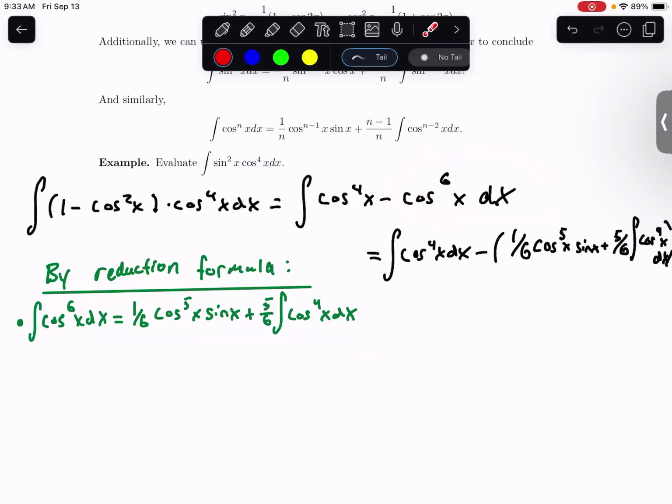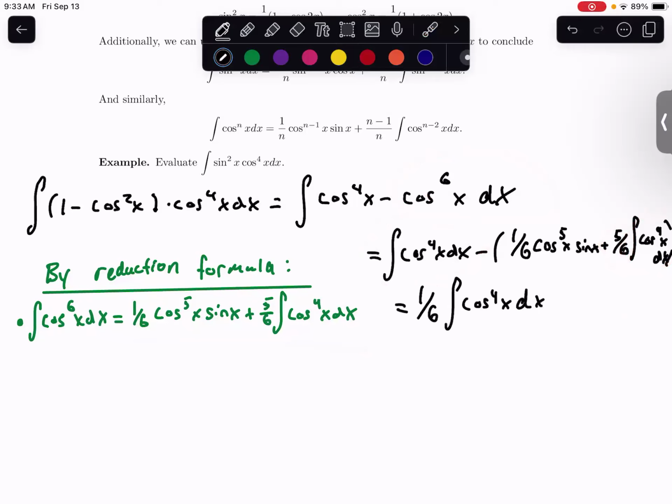And so we can do a little simplification here, actually, right? Because we have the integral of cosine to the 4th power, and then we're subtracting from it 5 over 6 times the integral of cosine to the 4th power. And so this is really going to be equal to 1 over 6 times the integral of cosine to the 4th power of x dx minus this quantity here.